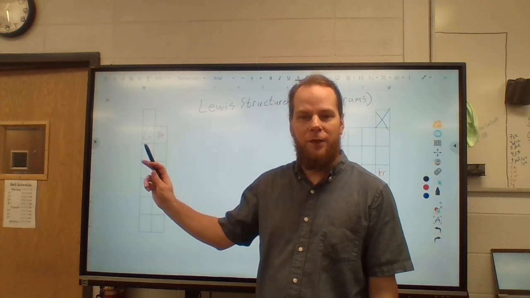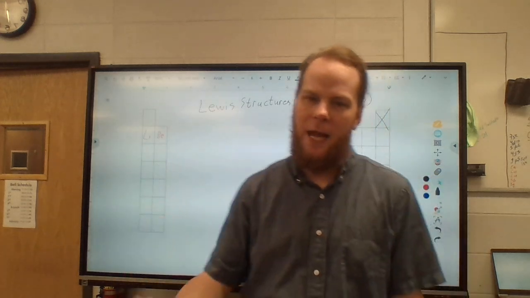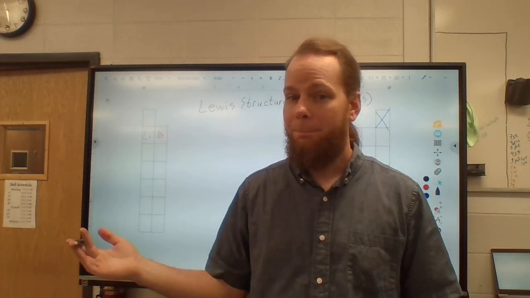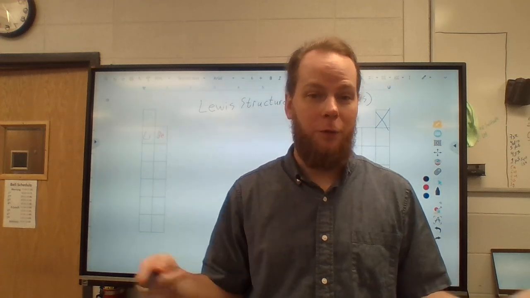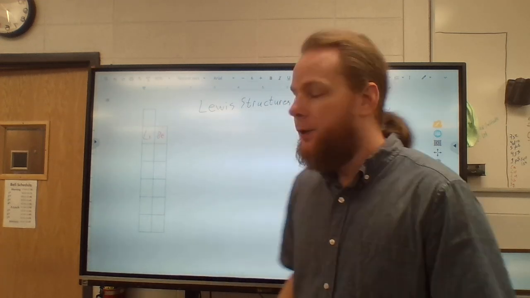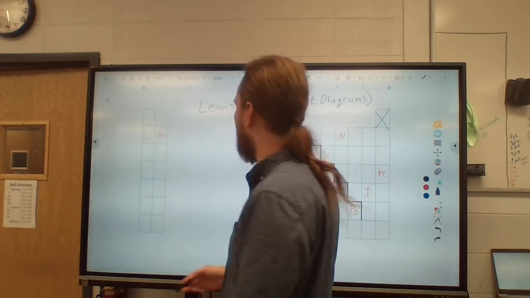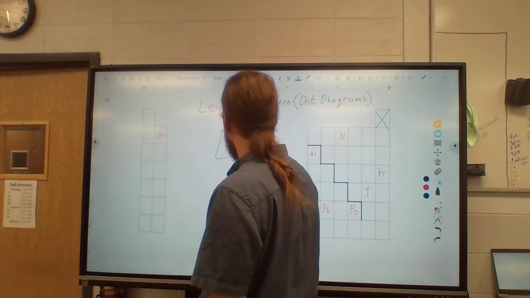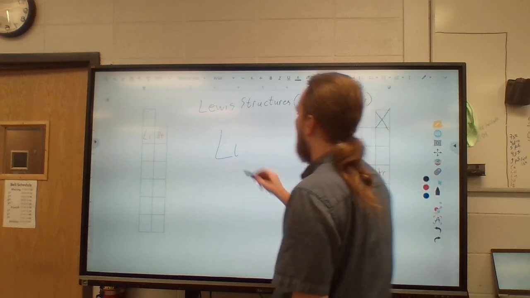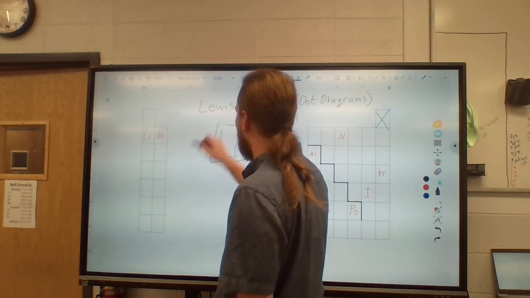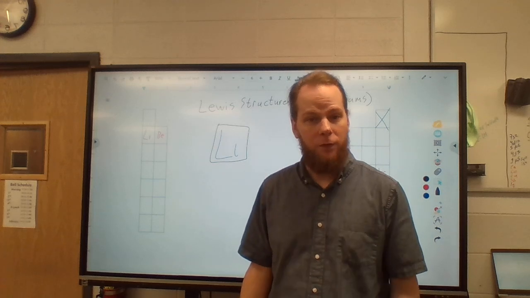So we're going to start with lithium over here. How many dots should lithium get? Well, it's in group 1, so it should have 1 dot. Now, the question becomes, though, where does the dot go? So I'm going to draw this a little bigger here. If you imagine a box around lithium, there are 4 sides to that box.